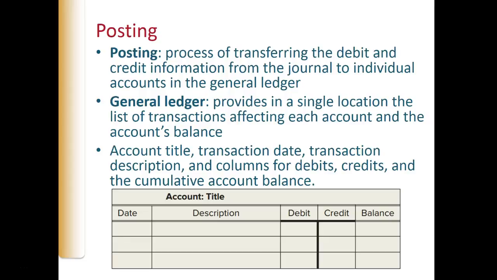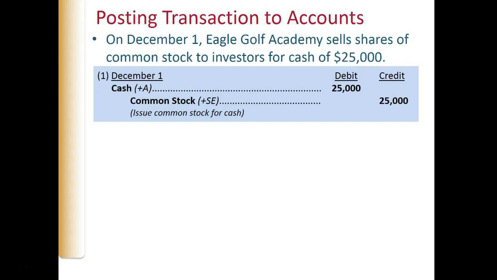In this general ledger, you're going to see the account name or the account title, the transaction date, the transaction description, columns for debits, credits, and a cumulative account balance.